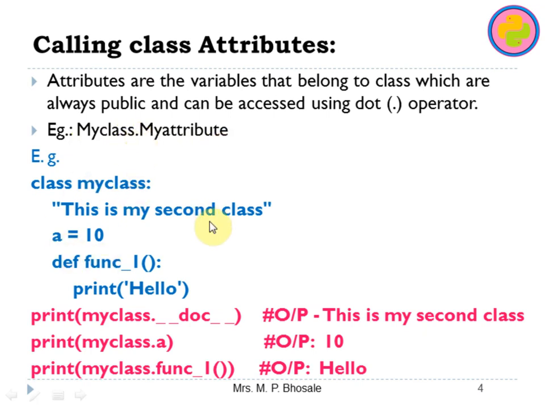In the example itself, there is one document string, one variable and one function, and when I want to print the document string, I can simply use the name of class dot double underscore doc double underscore. If I want to print the value of any variable declared inside the class, then I can use class name dot variable name. And to call the function, so here function is also an attribute of the class, I can use my class dot function name, that is class name dot function name. So all these things now we will do in our program.